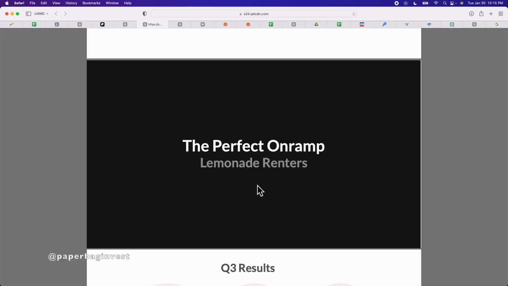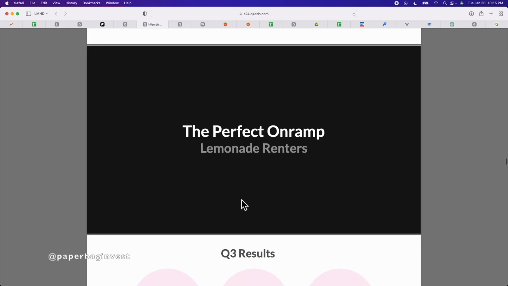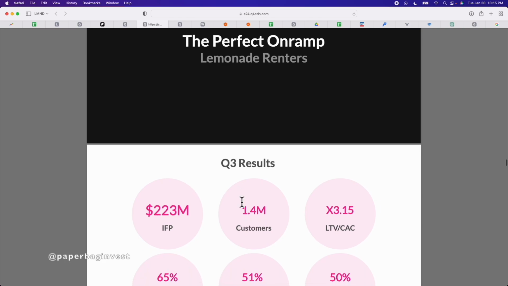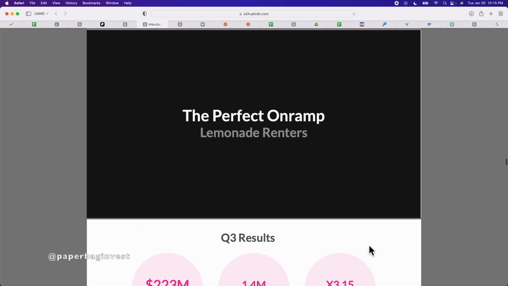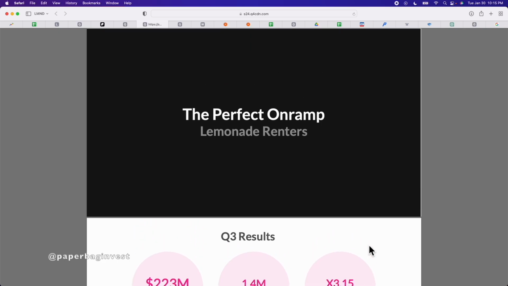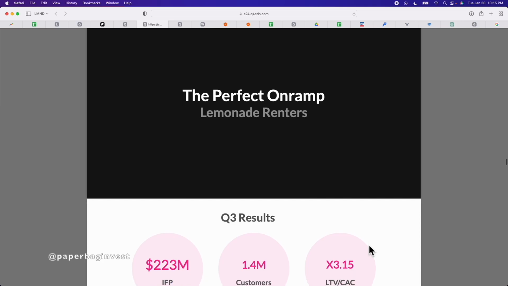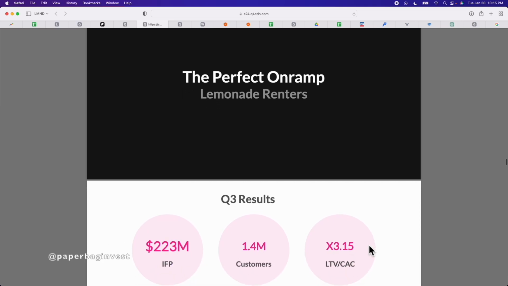And these numbers make sense with what Lemonade has released in the past, even though I think this is more on a per product basis, without considering the amount of premium that might bundle and jump into the policy later.